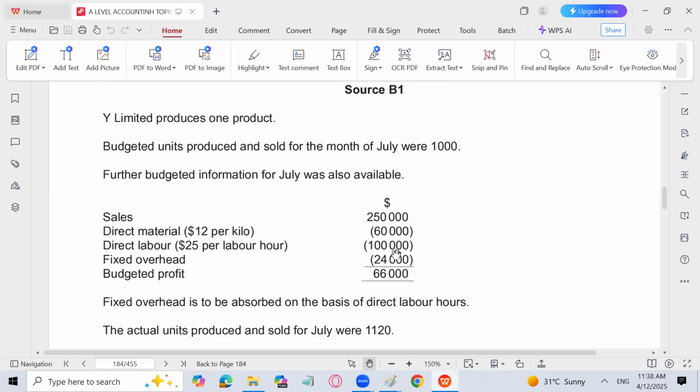Remember, we calculated that 1 lakh divided by 25 is 4,000 hours, divided by 1,000 units produced, so 4 hours per unit.